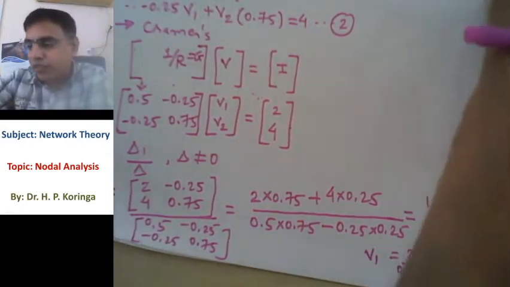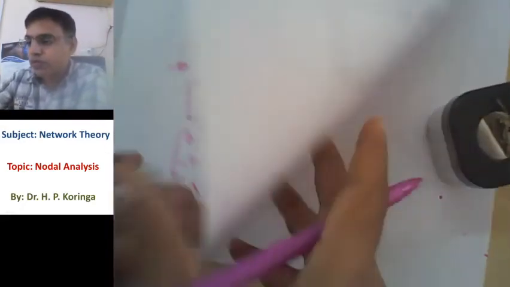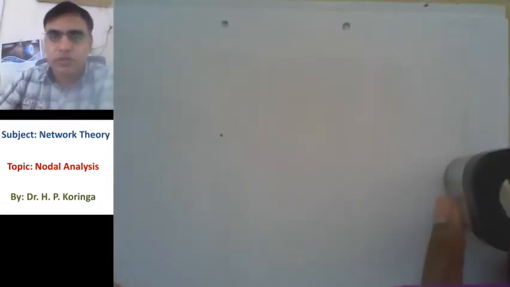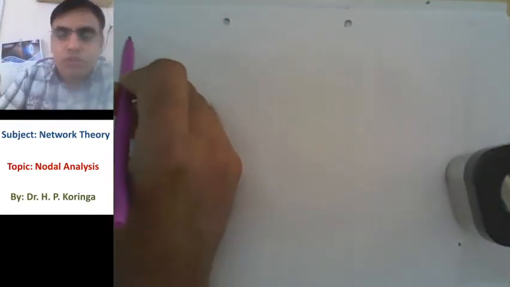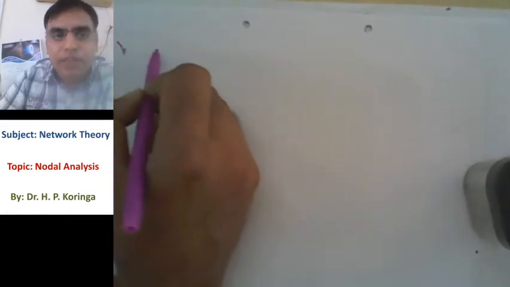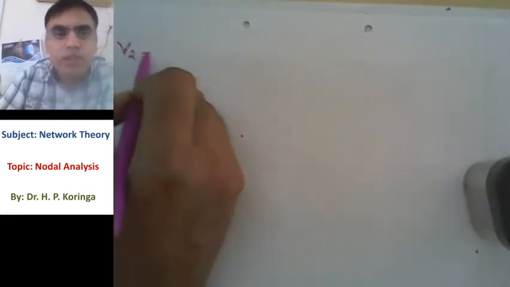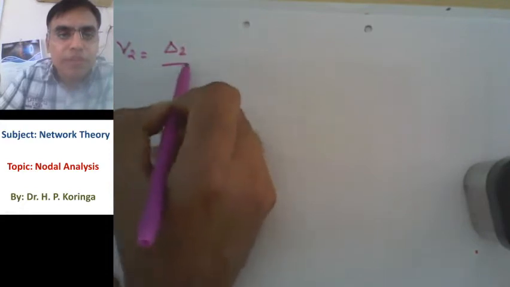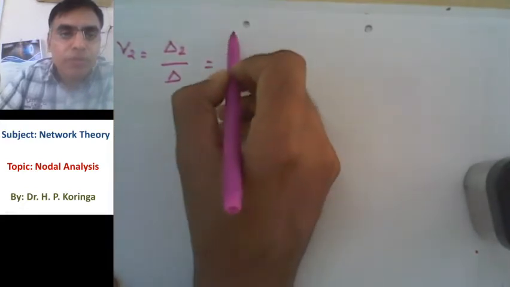Similarly, let's find the V2. V2 is delta 2 divided by delta. How to prepare the delta 2?